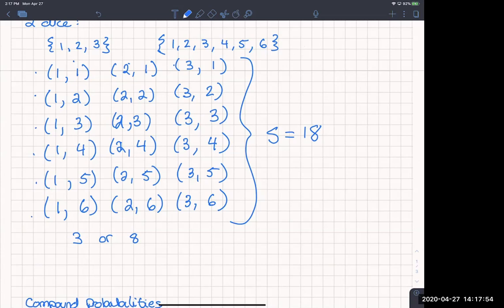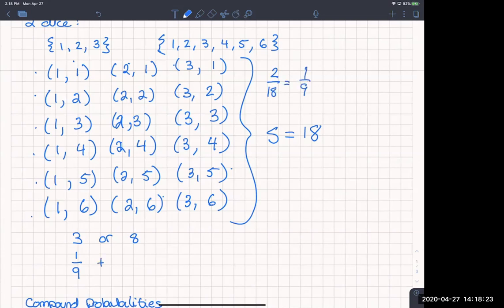Okay, so let's do this. We know the probability of getting a 3 is 1/9. And we can look at how many combinations give me an 8. Well, 2 and 6 and 3 and 5. Now, the probability of rolling an 8 is 2 out of 18, which is also 1/9.